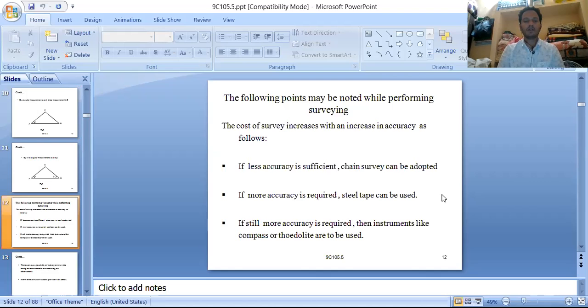If we want more accuracy, we need to use steel tape. Still more accuracy is required, then instruments like compass or theodolite are to be used. So it depends on accuracy required. Initially, we discussed that the cost of survey increases with the increase in accuracy.